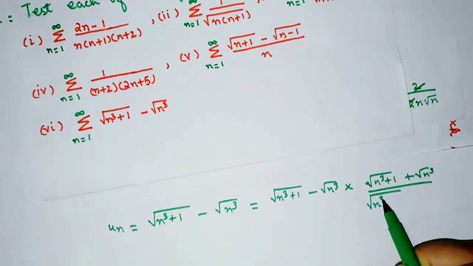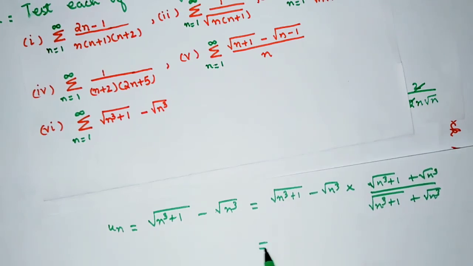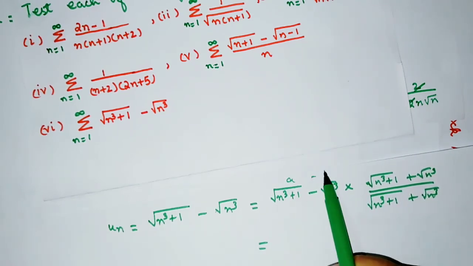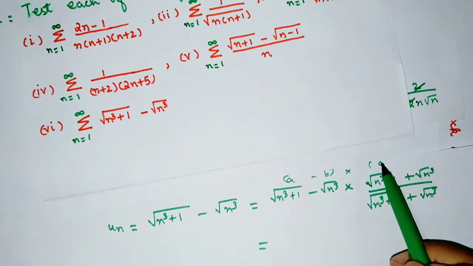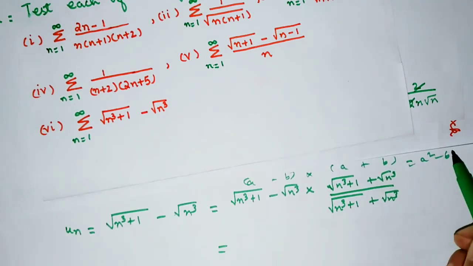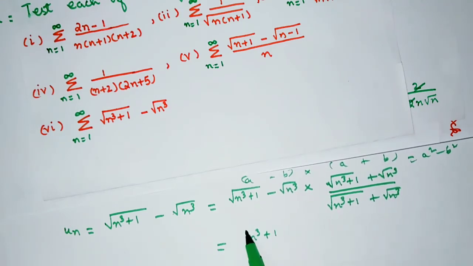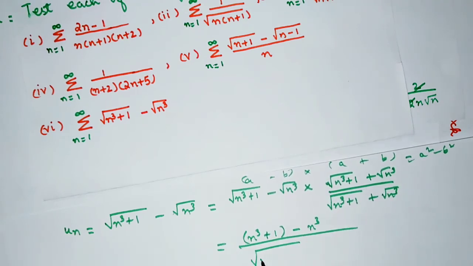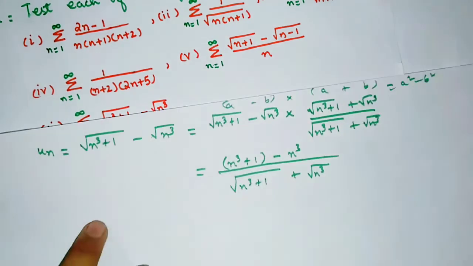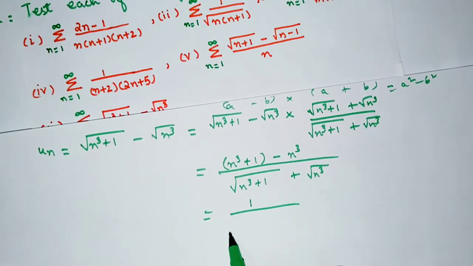Here it is of the form a minus b into a plus b, which is equal to a square minus b square. So that is, we have n cubed plus 1 minus n cubed, over root n cubed plus 1 plus root n cubed. From here we are left with 1.